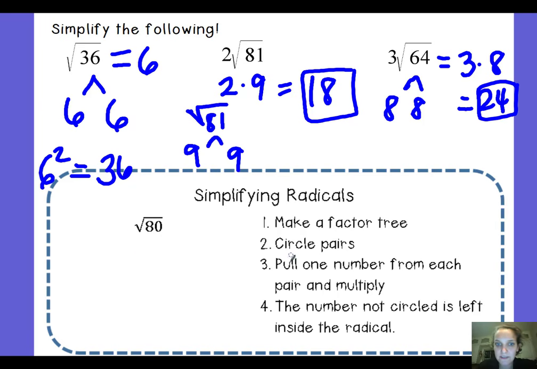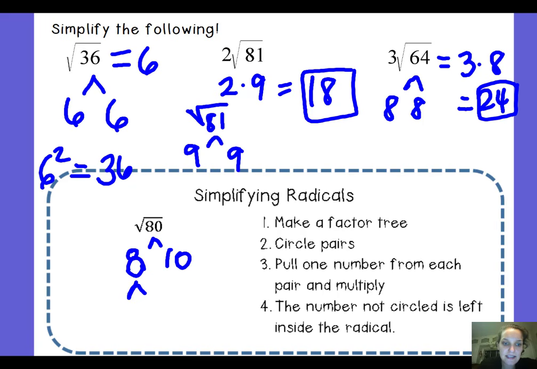So the steps for simplifying radicals is, first you're going to take the number underneath your square root. It's called the radicand, but it's just the number underneath the square root, and you're going to break it down and make a factor tree. So 80 is 8 times 10. And I want to factor it until I either get some perfect squares that start to repeat, or I have all prime numbers and I can't break it down any further.